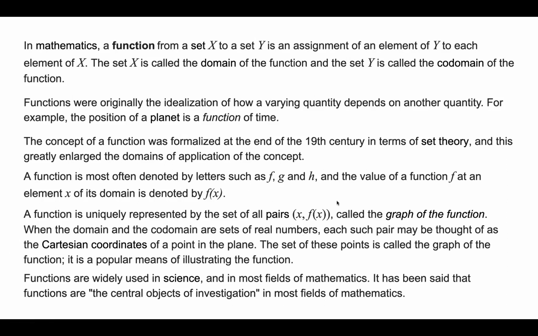If we plot those points in the plane, then they are the Cartesian coordinates of points in the plane. The set of these points is called the graph of the function. It is a popular means of illustrating the function. Functions are more easily understood with the help of graphs.